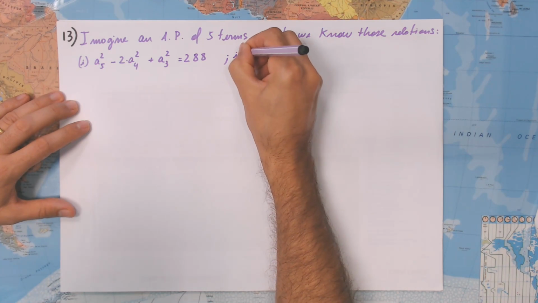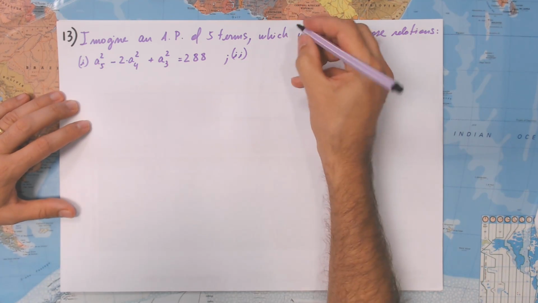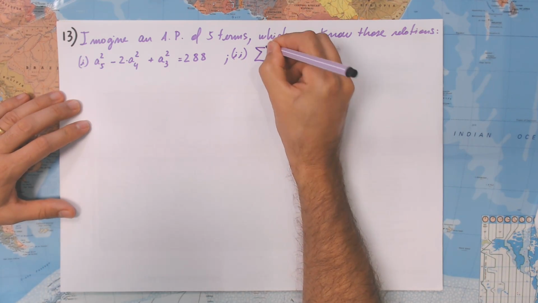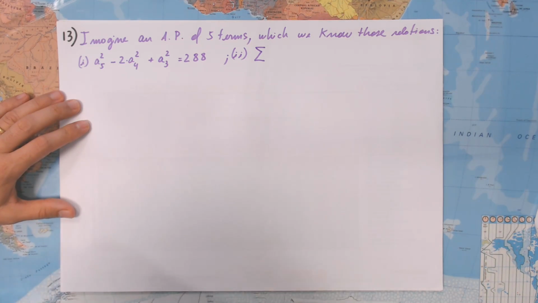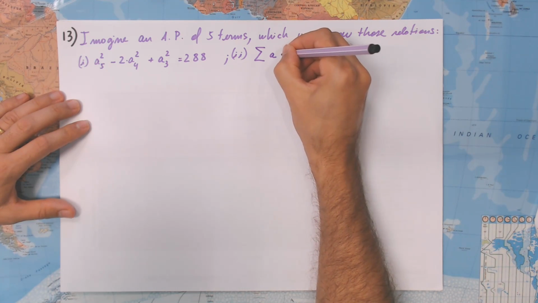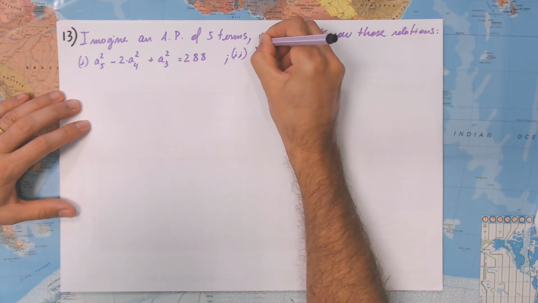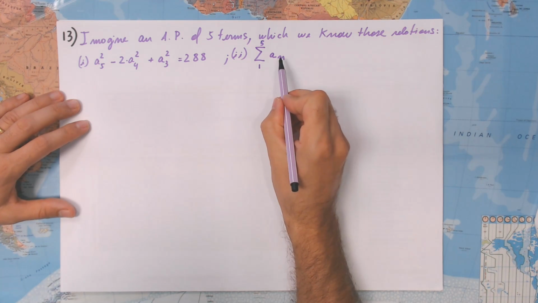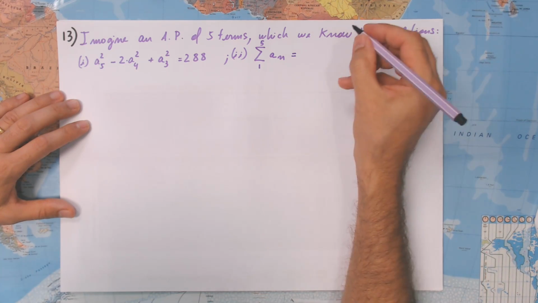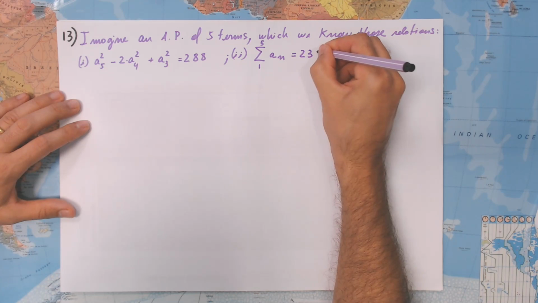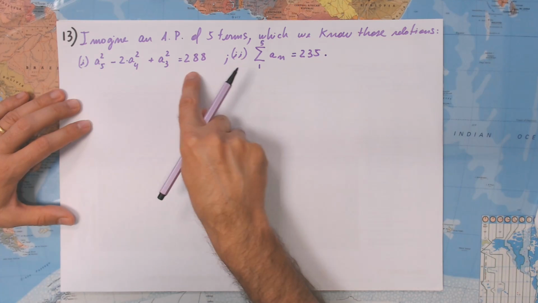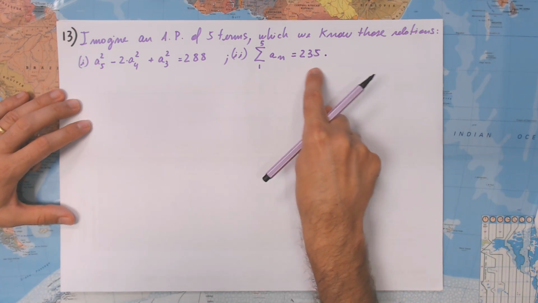The second information is the summation of all the terms, going from 1 up to 5. Remember, the summation of all the terms going from 1 to 5. This is going to be 235. So that is the information we have. We have this crazy equation and we have this summation in here.